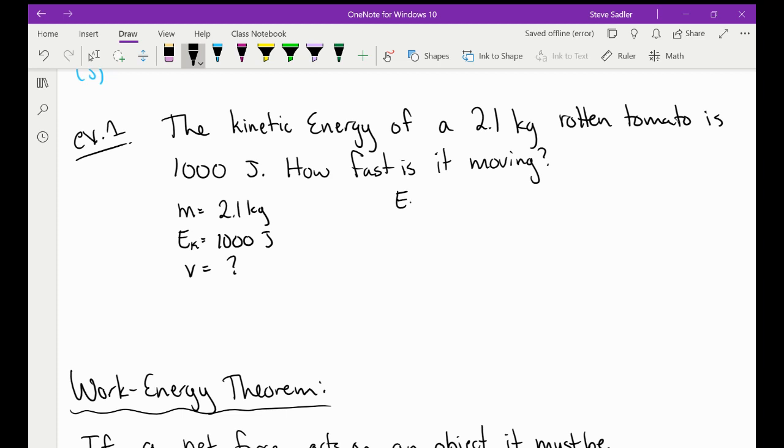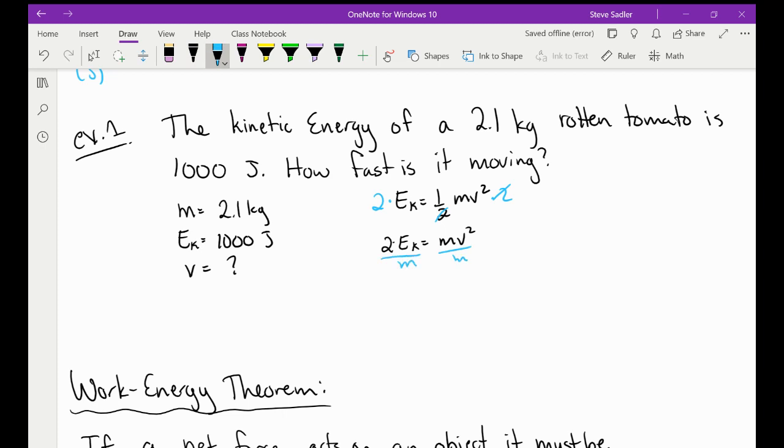So let's choose our kinetic energy formula and manipulate it. First, multiply both sides by 2, because 2 over 2 will cancel. I have 2 multiplied by kinetic energy is equal to mass times velocity squared.